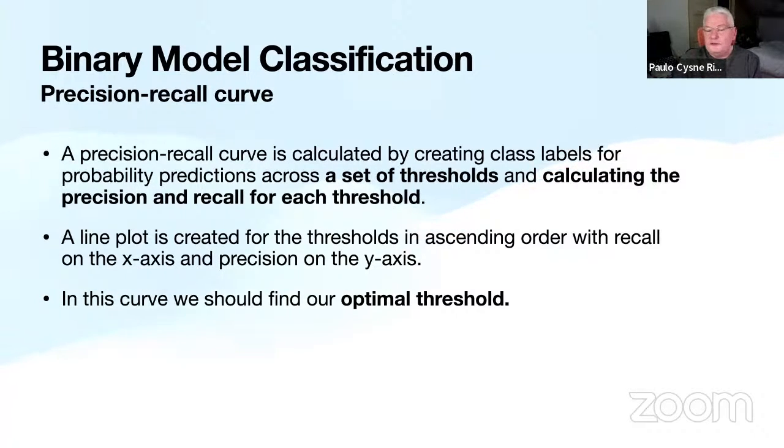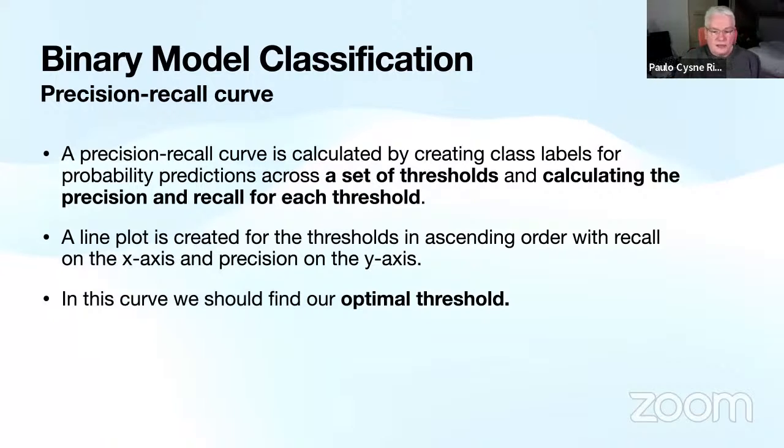If you don't do anything, the threshold is 0.5, but otherwise you can use different thresholds, and you're going to see across different thresholds in the precision recall curve what the precision and recall look like. There will be a line plot showing this, and in this curve, we're going to see the optimum threshold.